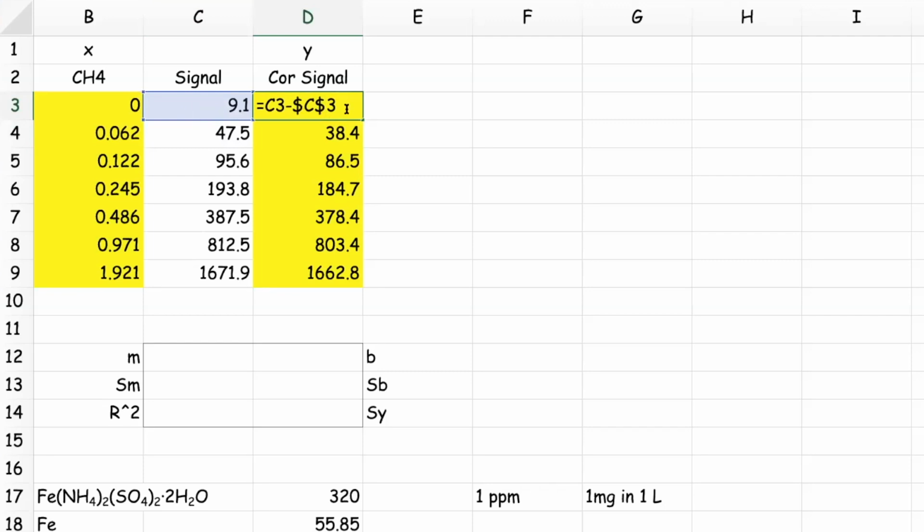This is C3 minus C3, but now this $C$3 tells you that I'm not going to deviate from that particular point in my calculation. Erase that. And then what I want to do is highlight that cell, grab that square right there and then drag it down.